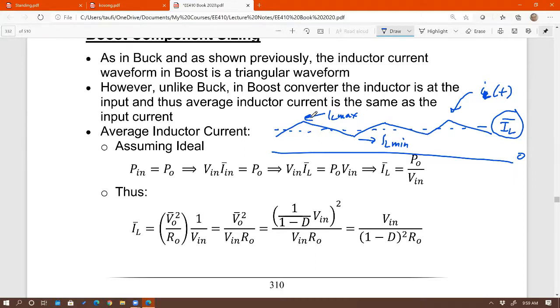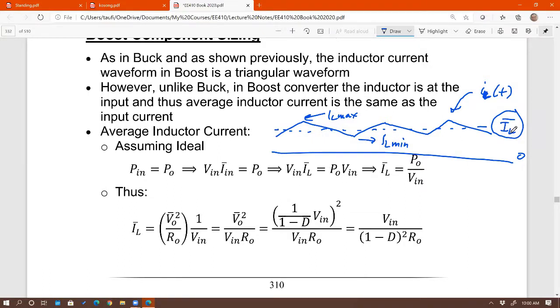So delta IL stays the same, but imagine this average value, the dashed line right there, will shift up or down depending on the demand from the load. Does that make sense? Or any question on that one? So that's why just knowing delta IL does not necessarily mean that you would know IL max and IL min.